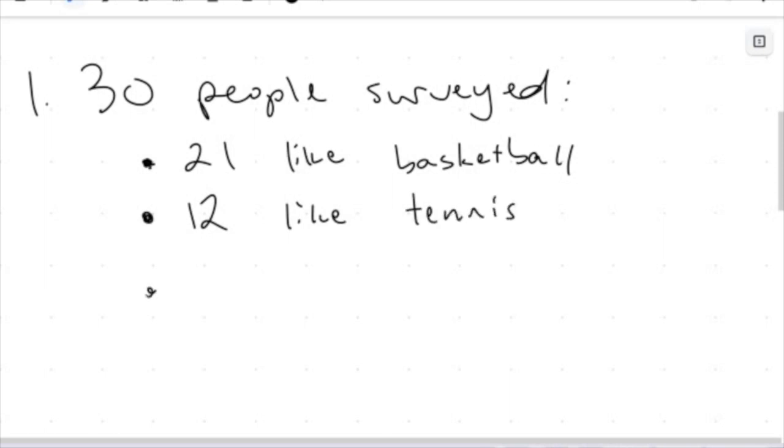But from these pieces of information, we have that also 7 like both, and 4 like neither.